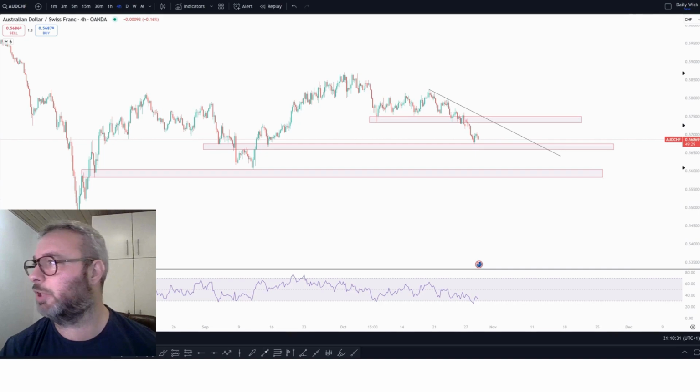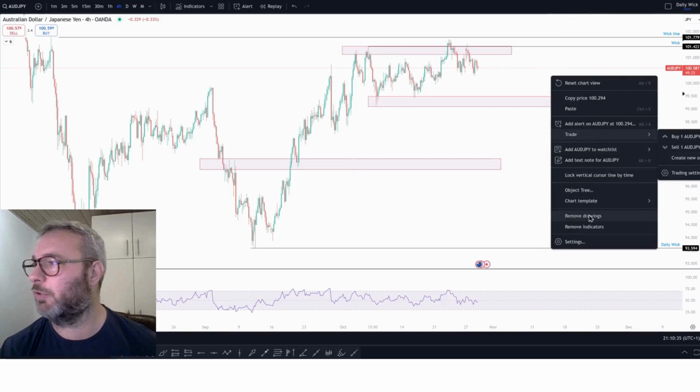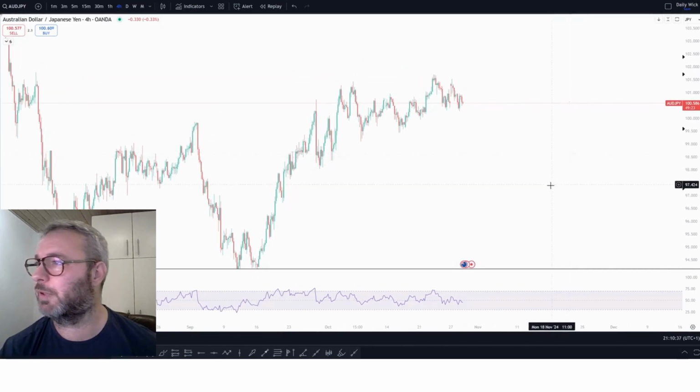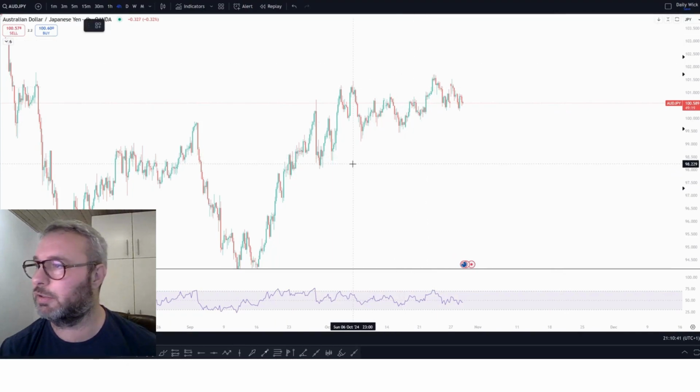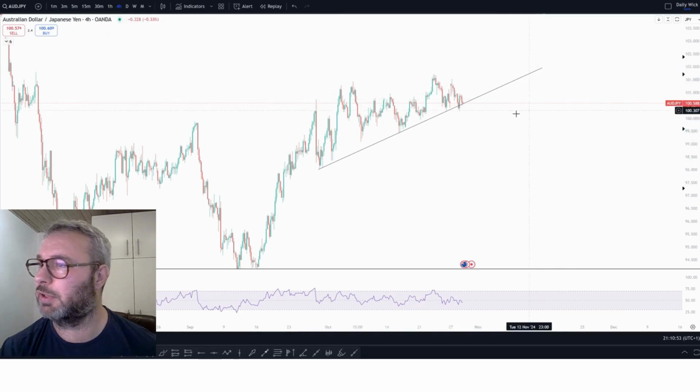So on to the next pair, AUD JPY. We remove everything. So here we have a good trend line, something like this, I guess. Maybe down here. That looks better.